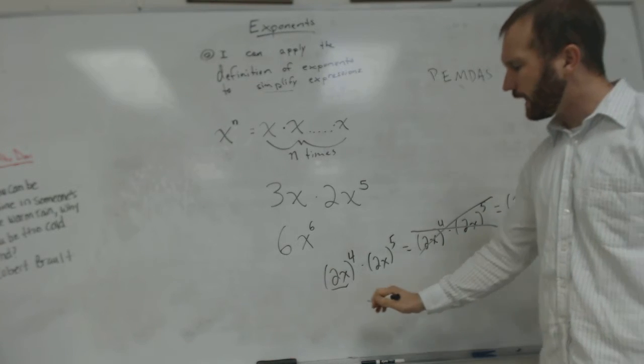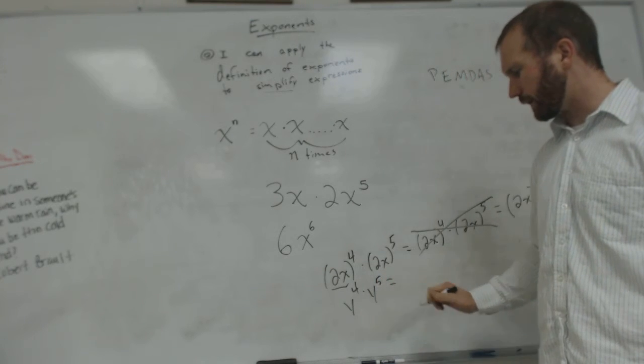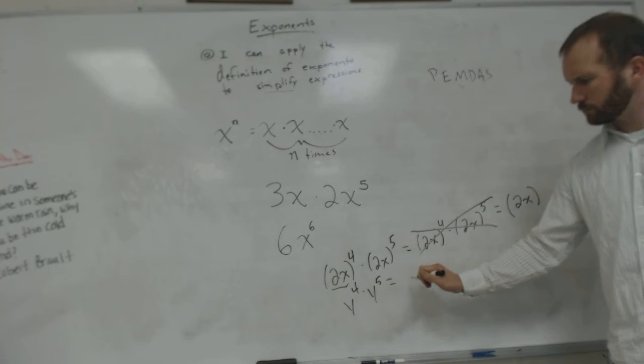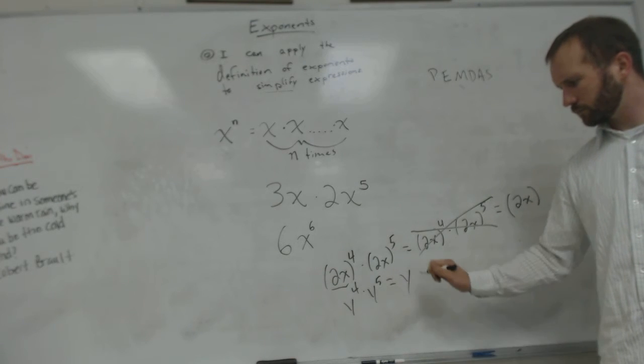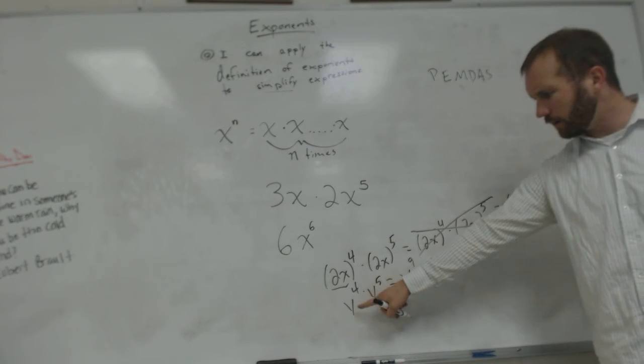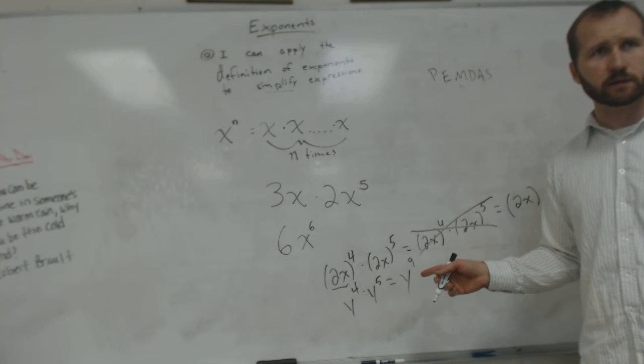If this said y to the 4th times y to the 5th, what would you get? You get y to the 9th. But instead of y, erase all of your y's and write 2x in parentheses.